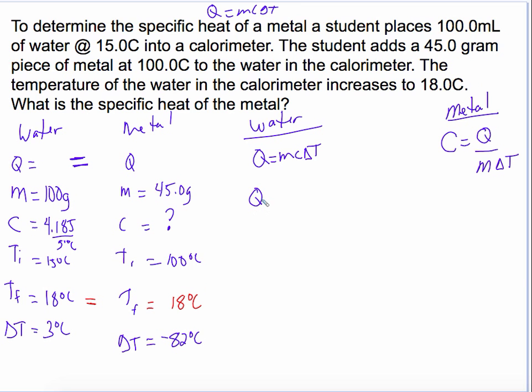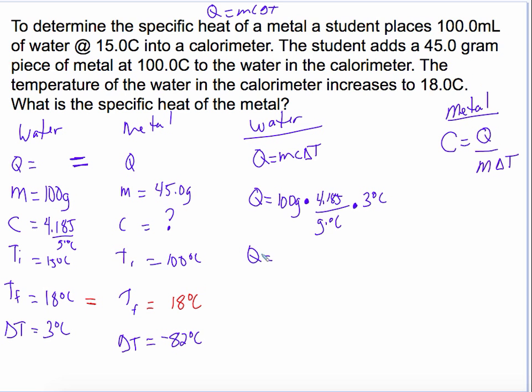So we're going to plug in the numbers. For the water, Q equals 100 grams times 4.18 joules per gram degrees Celsius times the change in temperature, which will be 3 degrees Celsius.